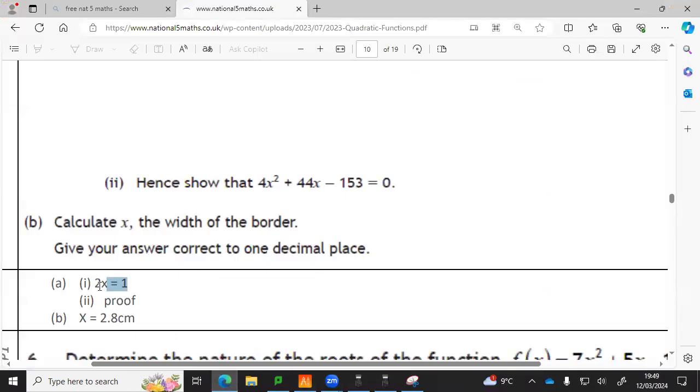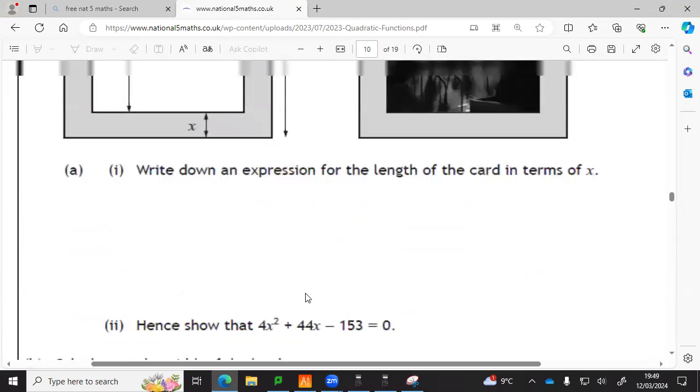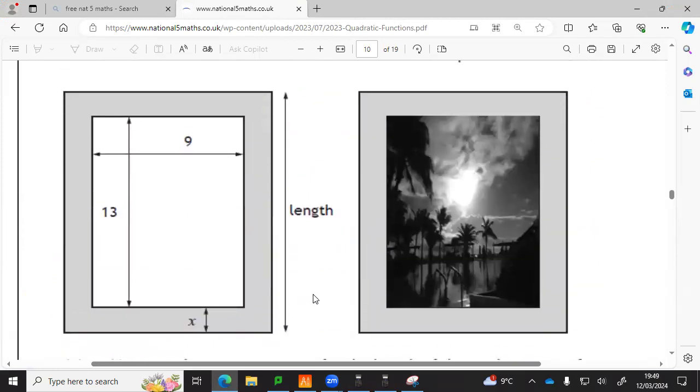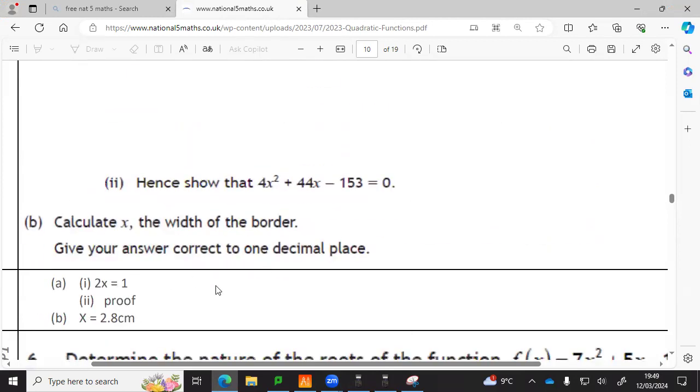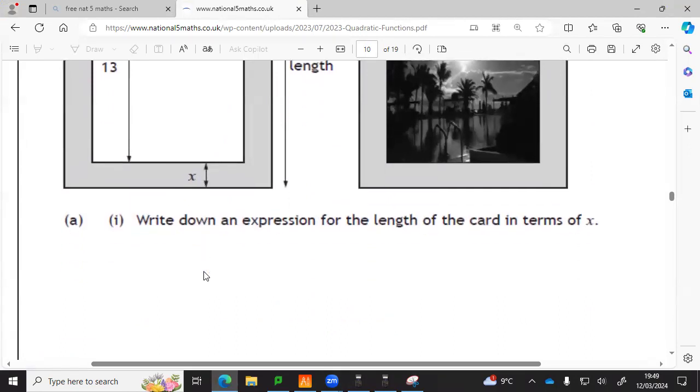I genuinely don't know what they're saying with 2x minus 2x equals 1. That's just gibberish. That doesn't mean anything. Does it possibly mean, you know how you've said that there's an X at either end, so 2x is part of it, but your length. So write down an expression of the length of the card in terms of x.